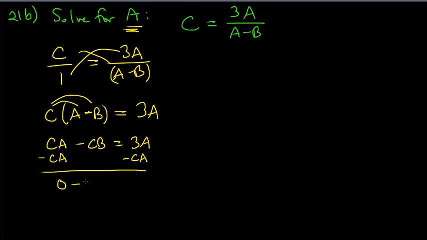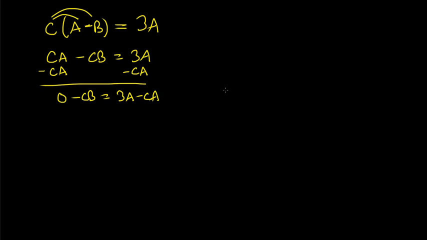So I get 0 minus cb on the left and 3a minus ca on the right. All right, negative cb equals 3a minus ca. And again, if you want the a on the left, if that looks backwards, just switch sides.